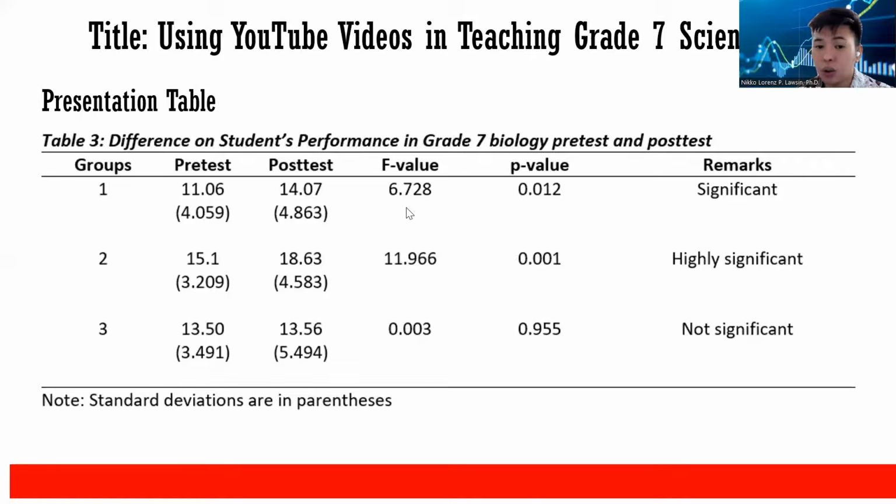You also need to include the F value, but no longer the F critical, it's just the F value. And then the P value and the remarks: significant difference, highly significant, not significant. This is how you present your data.